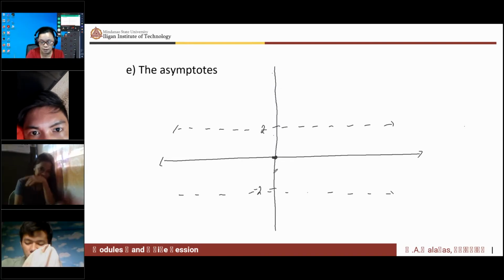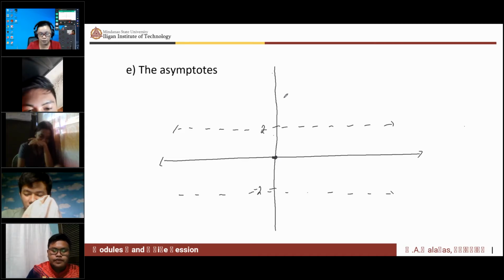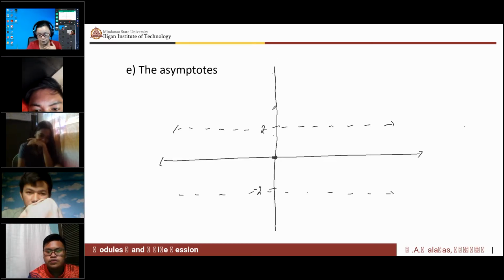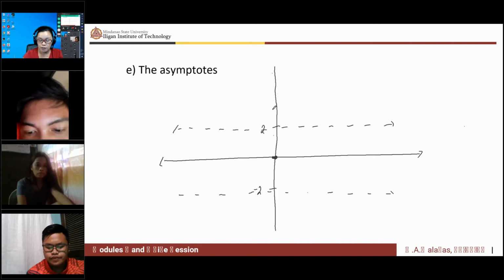As you can see, the graph crosses the vertical asymptote somewhere, but many of the points are getting closer to this vertical line x equals 0. Now, the next thing to do is we assign values, of course.